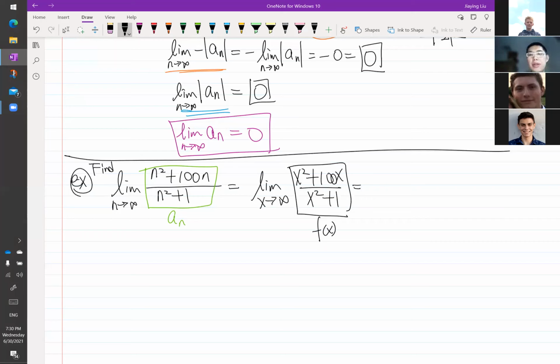If we want to take the limit of this, we can divide by the highest x term, the highest degree of x. So that becomes the limit as x goes to infinity, dividing by x squared.